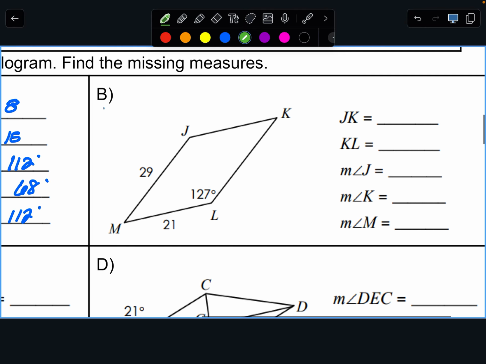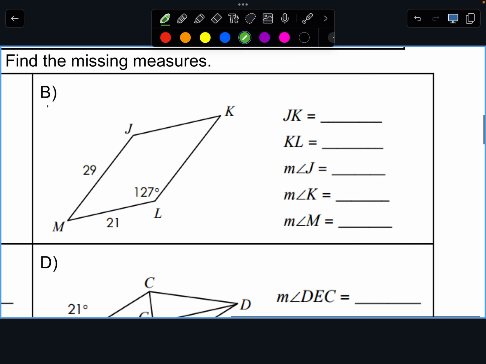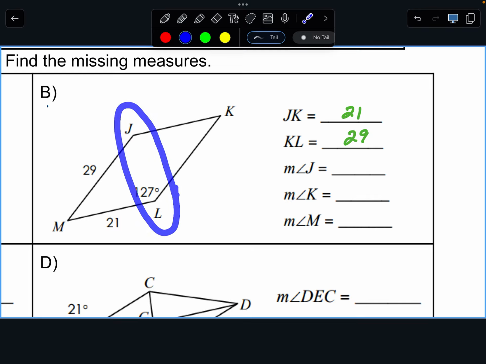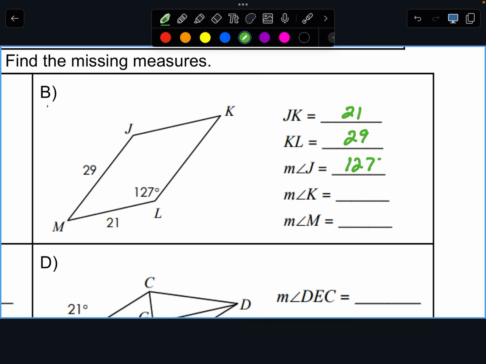So now let's look at letter B. JK matches ML. Those are opposite sides. So that means that it is 21. KL matches MJ. So that one's 29. K is opposite L, so that makes it 127. How do I find K?